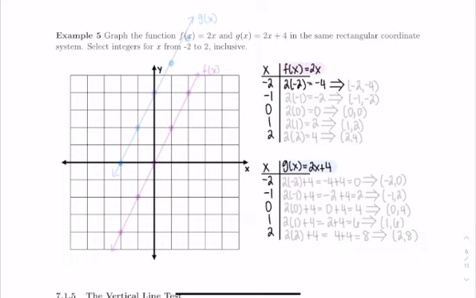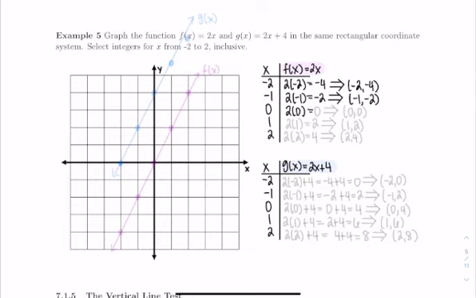And so our ordered pair is going to be -2, -4. 2 times -1 is -2, and so we end up getting the point -1, -2.